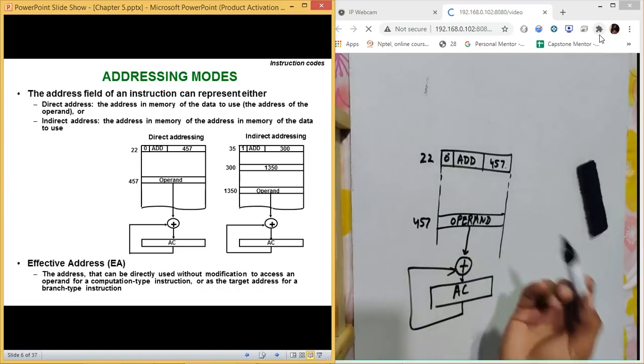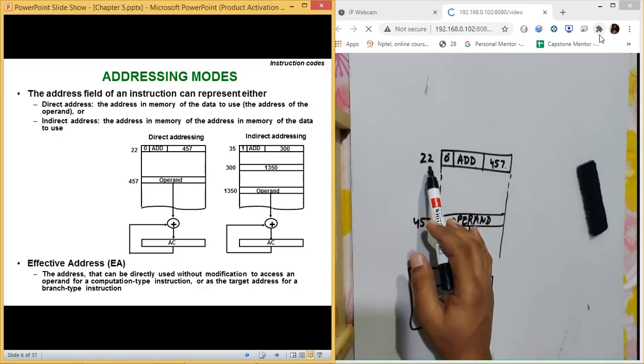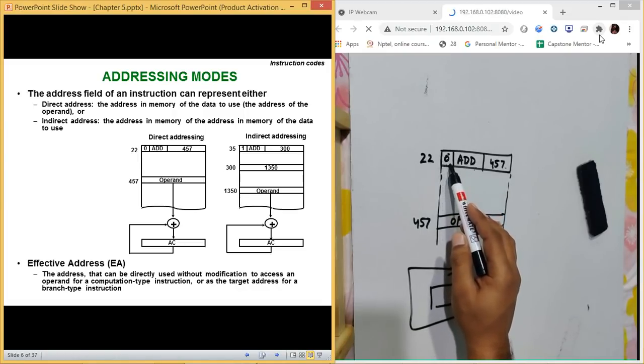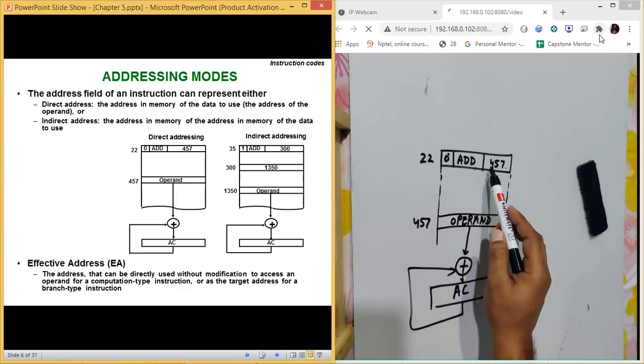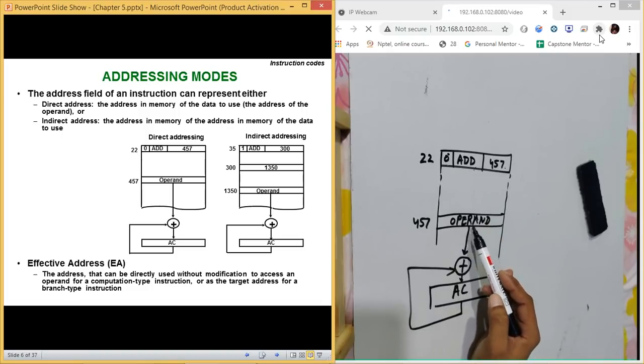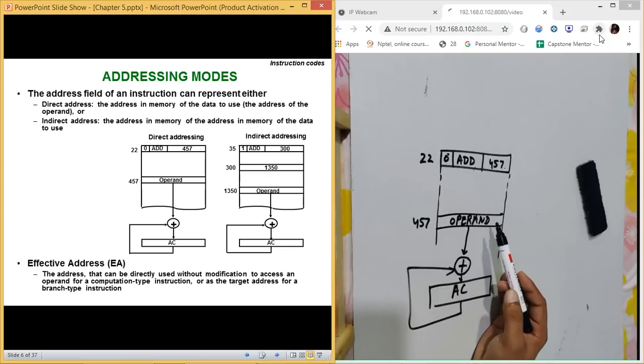So what it is telling is that this is the 22nd address where the instruction is add, and the address which is mentioned is a direct address. Means this address which is mentioned is the address of the operand directly. So the operand is stored at this place, whatsoever the operand is.